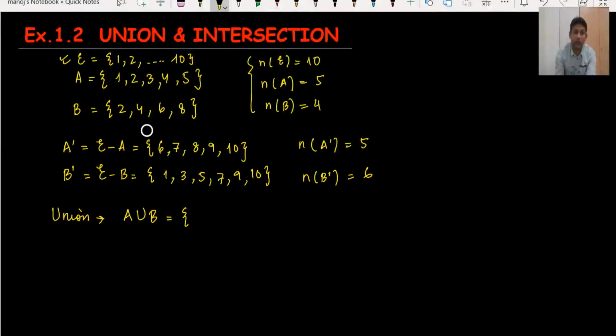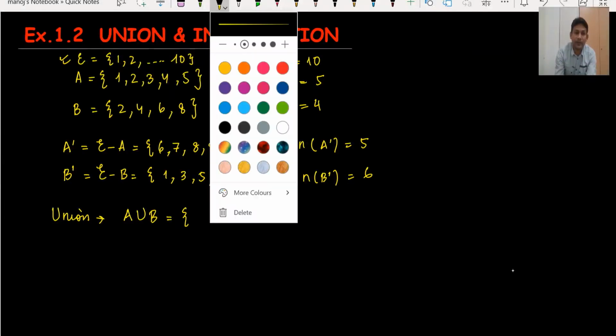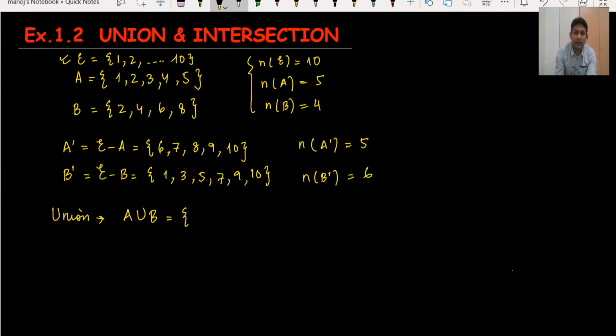When we have a common element, for example, 2 and 4 are common in A and B. So we have two elements which are common, but we have to write them once. So I will write all the elements from A and B: 1, 2 one time, then 3, then 4 one time, then 5, 6, and 8, and that's the A union B.